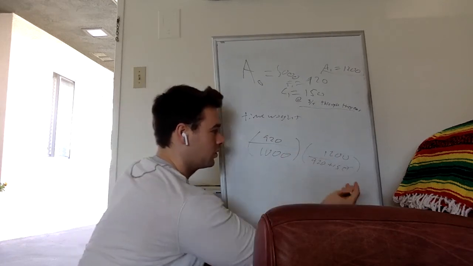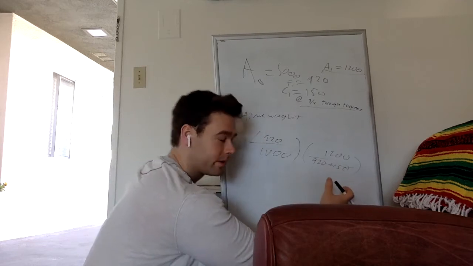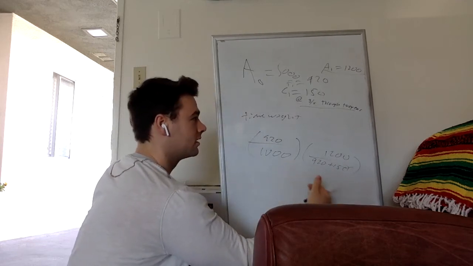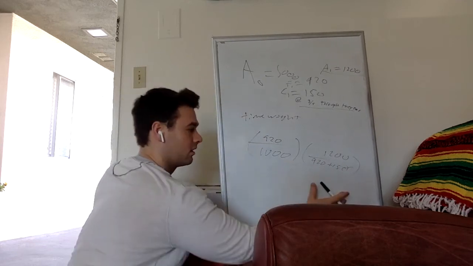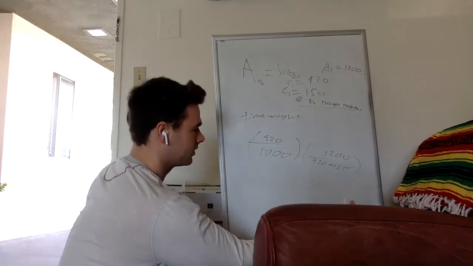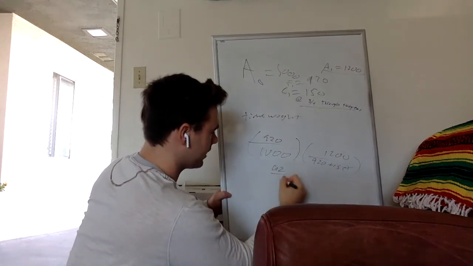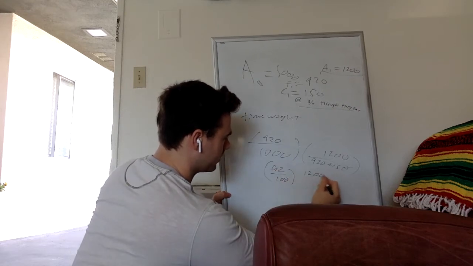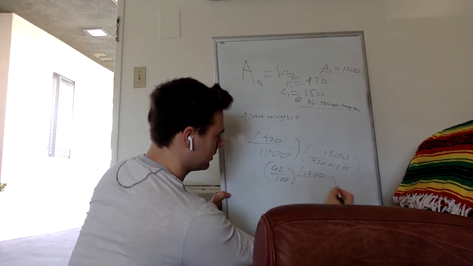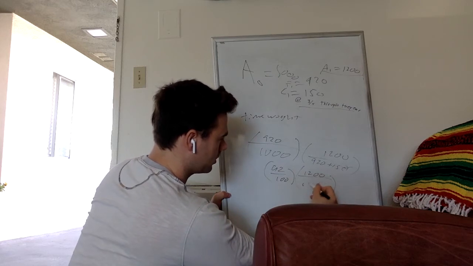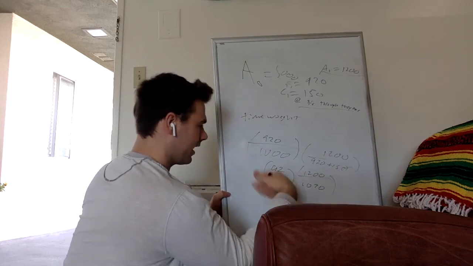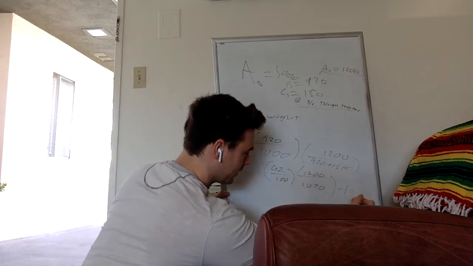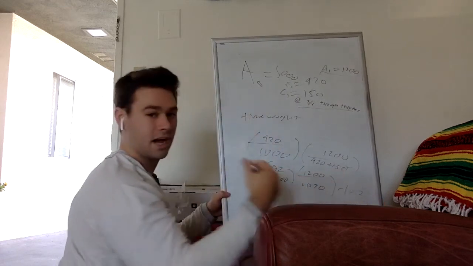If we had two, we'd have to add an extra term, so it depends on how many C_k we have over the length of our time period. So this is 920 divided by 1,000, multiplied by 1,200 divided by 1,070, and that minus 1, and that is how we get our i for the time weighted return.